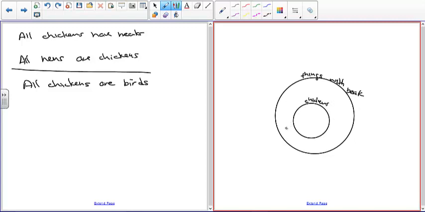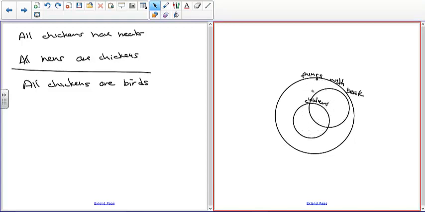The second one is all birds have beaks. So if I did all birds have beaks, then what that does is it puts that in here somewhere. Now a chicken is a bird, except we don't know that a chicken is a bird.